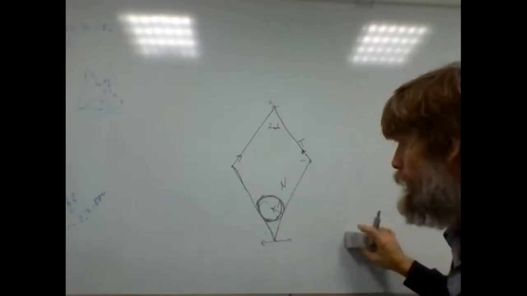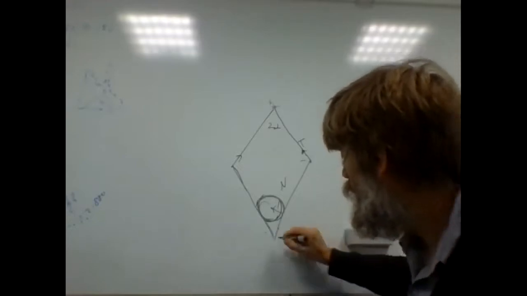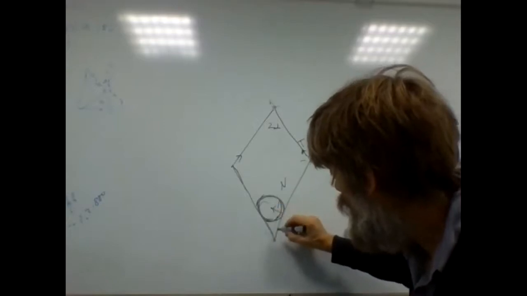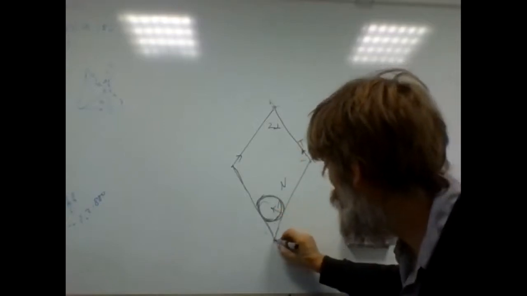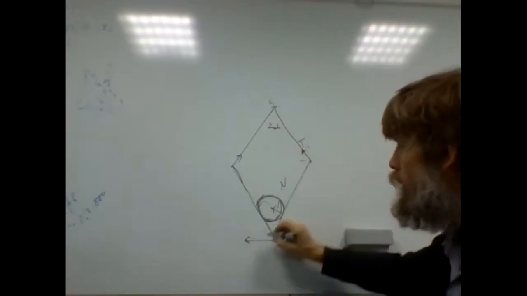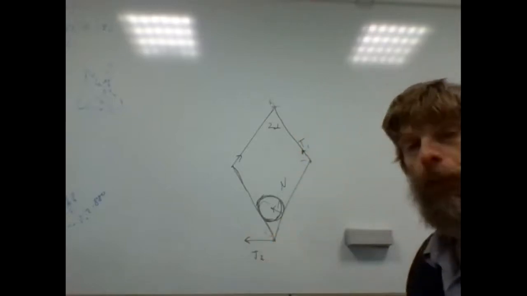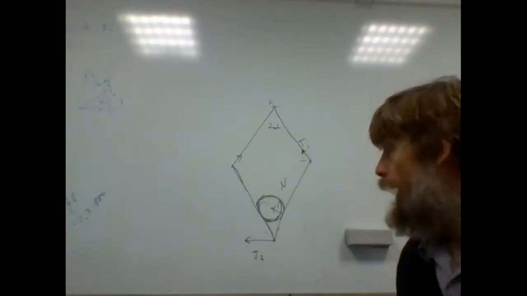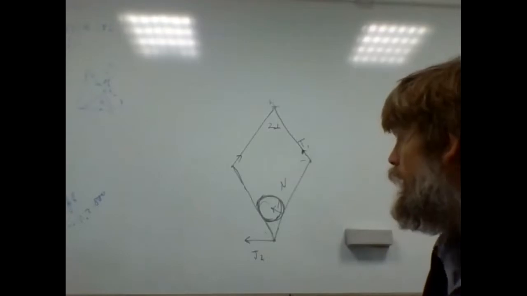Can you see that? So due to symmetry, it's clear that the force exerted on that rod from that rod must be horizontal. This is T1, this is T2. And now the rest is easy.